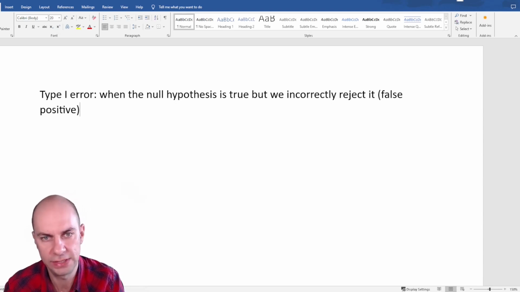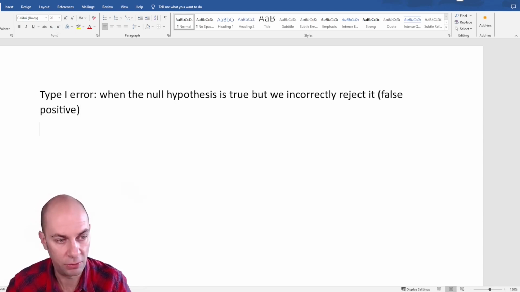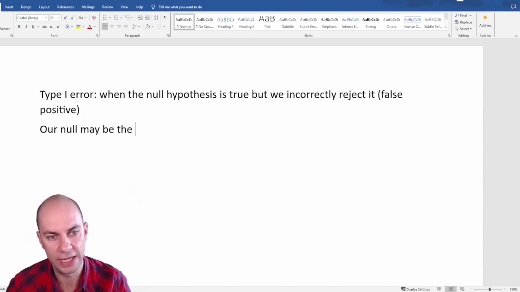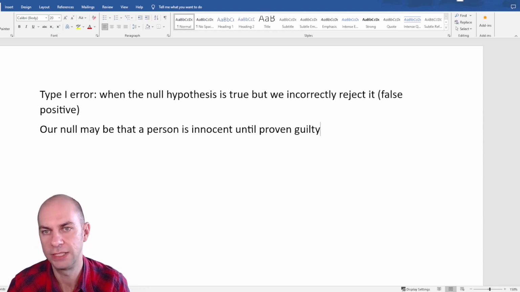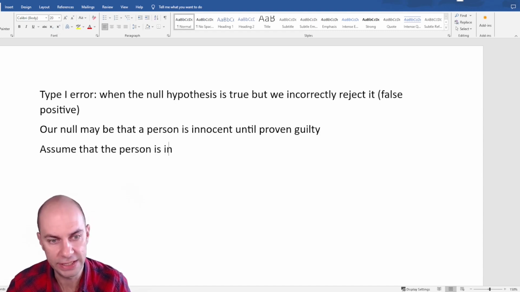So to give you an example, perhaps our null may be that a person is innocent until proven guilty. Okay, that is our null. Null is person is innocent. However, let's also assume that the person is indeed innocent.